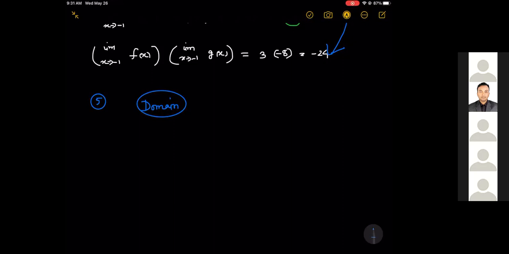Same goes for this quotient law. Since you have a fraction, you can only use that as long as your denominator is not 0. I mean, your denominator is not approaching 0. In other words, if you plug in the value of x which it's approaching, and it's not making the denominator 0, then it's fine, we can use it.